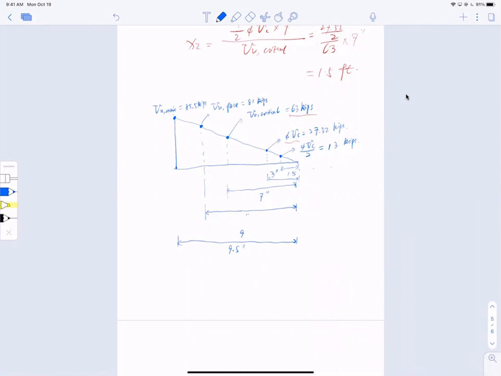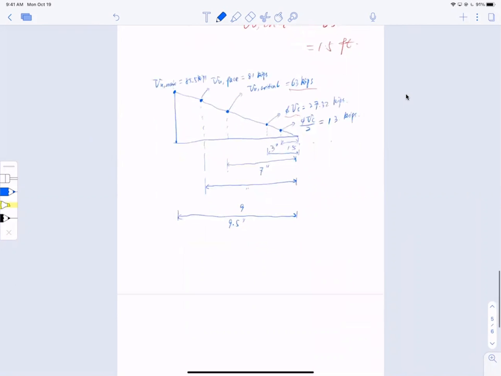I will continue to look at where my 4 lambda square root f prime c bw d is at. And it can't be bigger than 5 times square root f prime c bw d for ACI 19. So where these two are at.